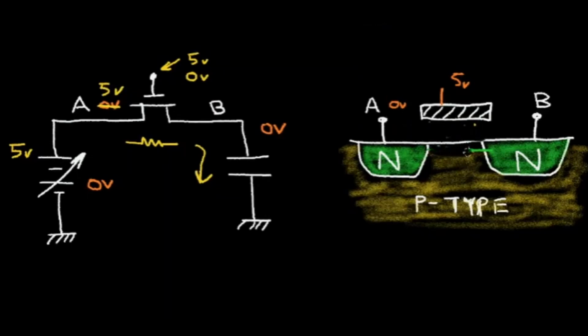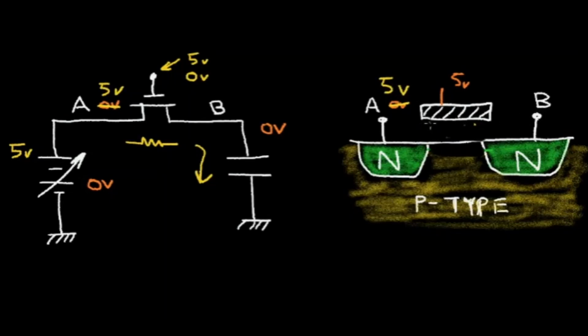Let's remove this channel region. Now we have our gate set at 5 volts, and we have this A terminal also set at 5 volts. So we want B to charge up to 5 volts, but what's going to happen?